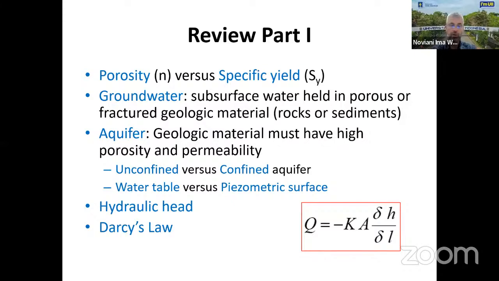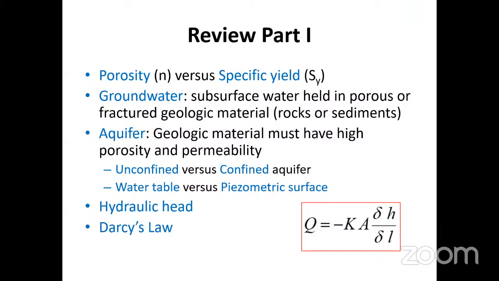I said that porosity is a measure for how much water a given quantity of a geologic material can hold. I explained the difference between porosity and specific yield. The specific yield is the amount of water that drains out of this porous material, and then a certain amount is being retained, which we call the specific retention.